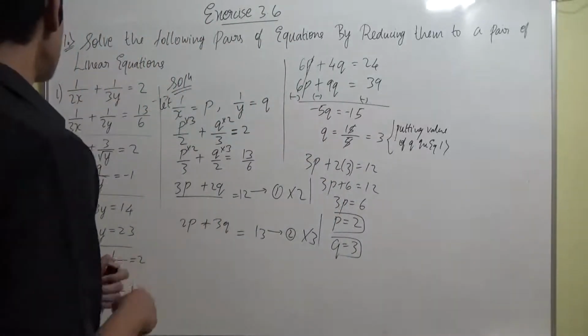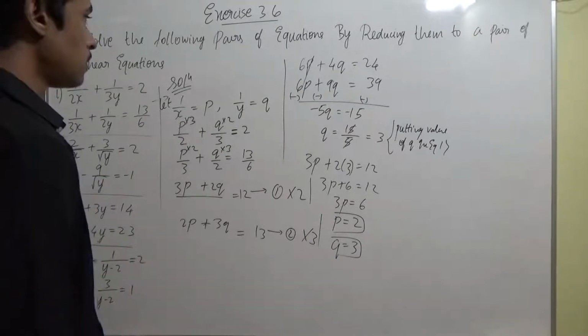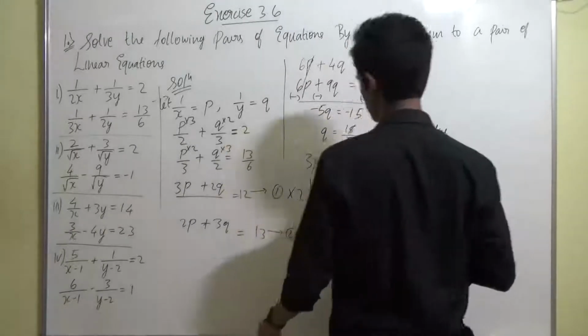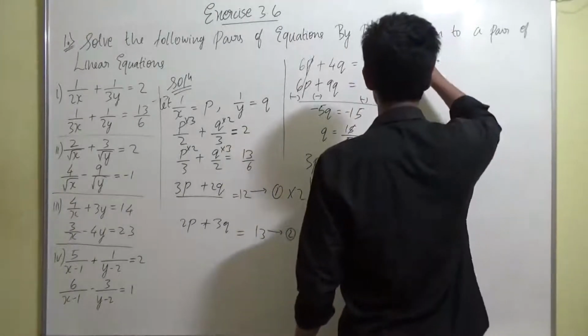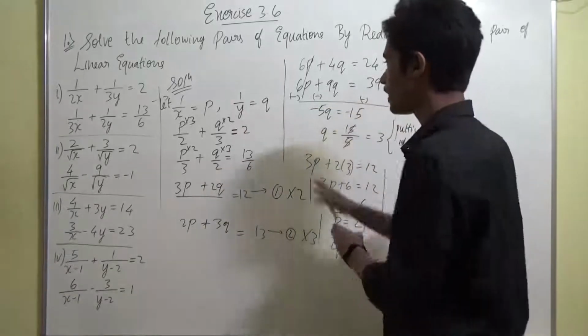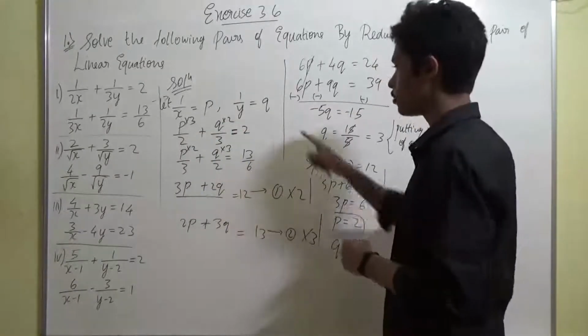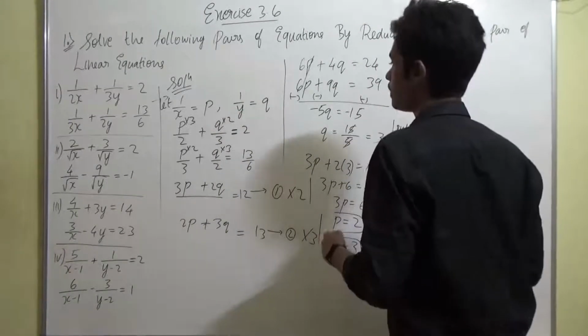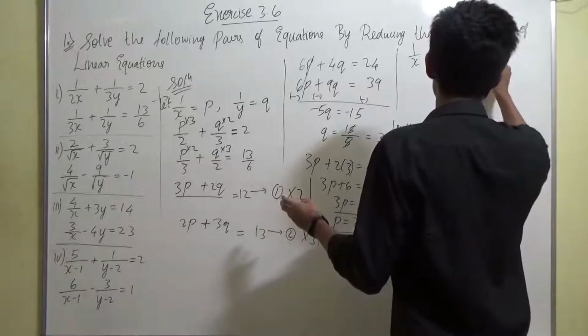Now we have to find the value of x and y. We'll do it here. So we'll substitute back into these two assumptions. We assumed p to be 2, so 1 by x equal to 2, and then we assumed 1 by y equal to q, right?